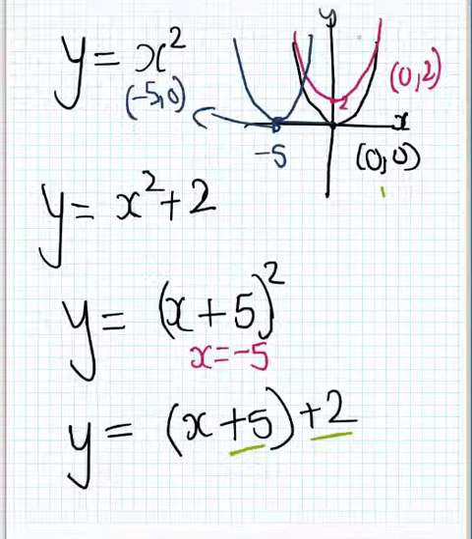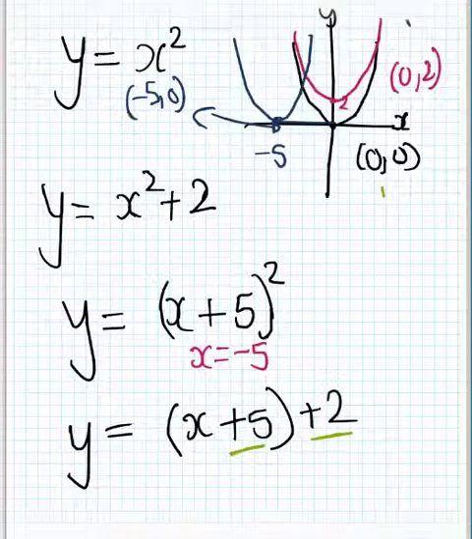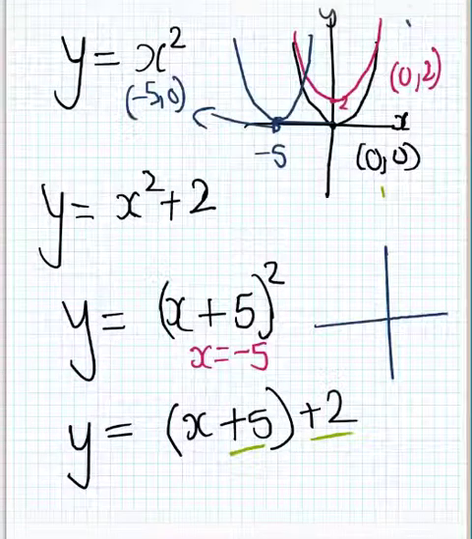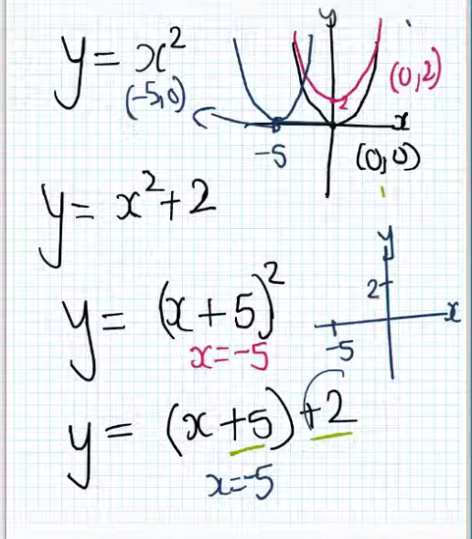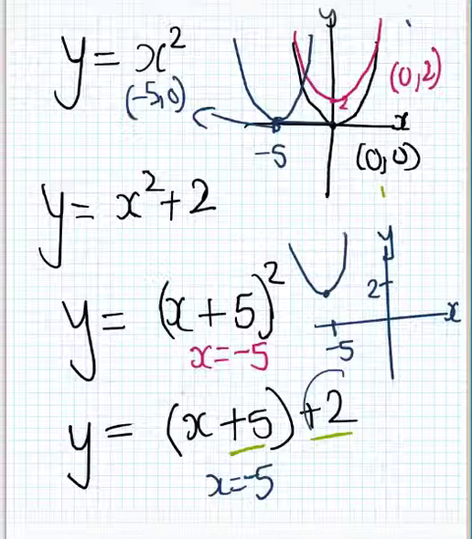If I just draw another graph, with y and x, if x is equal to negative 5, so there's negative 5, it's going to move to the left 5 units, but also go up 2 units. So imagine there's 2 there on our y-axis. That means there is our turning point. It's a minimum turning point because there's no negative out here, and that's what our parabola would look like.